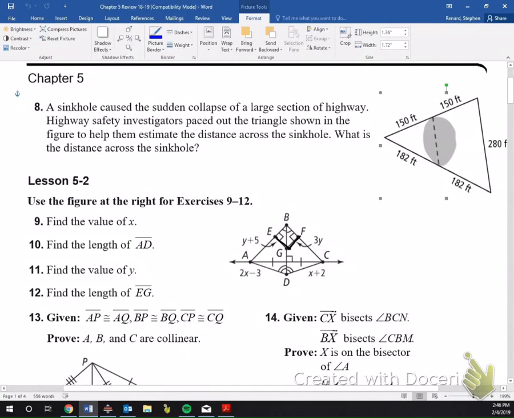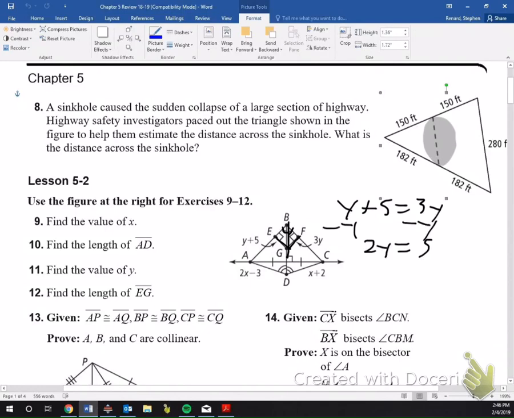So we know that any point on the angle bisector is equidistant from both the sides. We know that the distance from a point to a line is the perpendicular segment. See? Perpendicular, perpendicular. Good to go. So we know that y plus 5 is the same distance as 3y. We're going to subtract y from both sides.